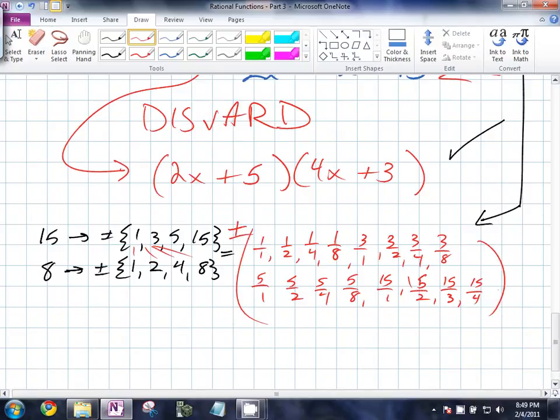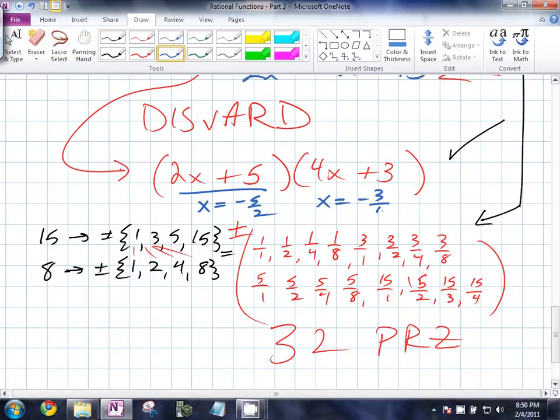Probably wouldn't be the best way to go about this, but let's just verify that this matches what we figured out up here. This factor tells us that the zero would be negative 5 halves, and this tells us it would be negative 3/4. Are they both there? Well, 5 halves is, and plus or minus is, so negative 5 halves is. 3/4 is there, and so is negative 3/4, so we're all set.